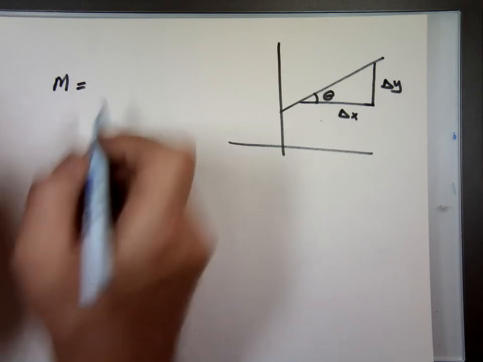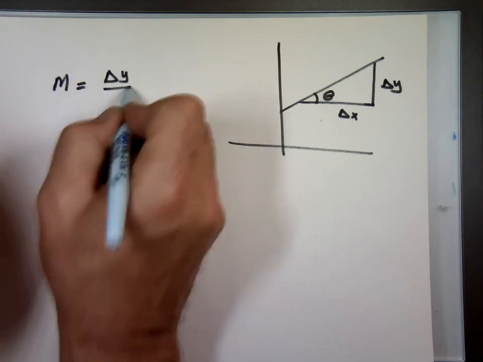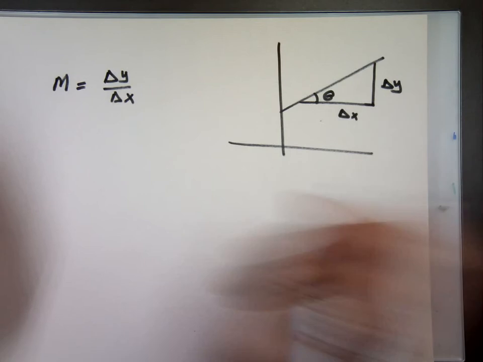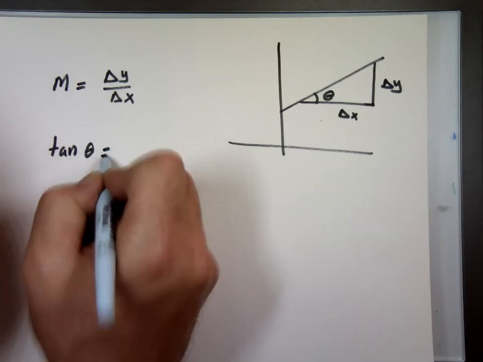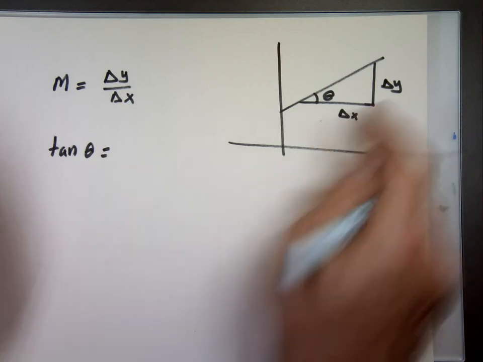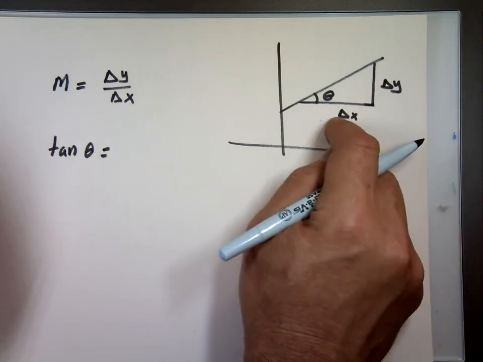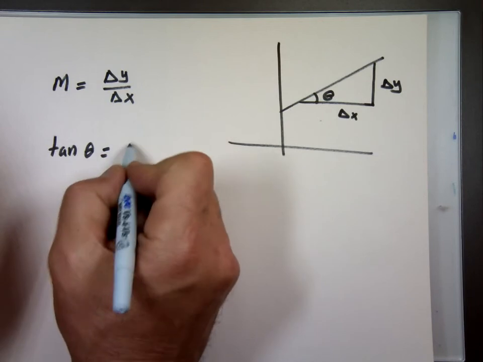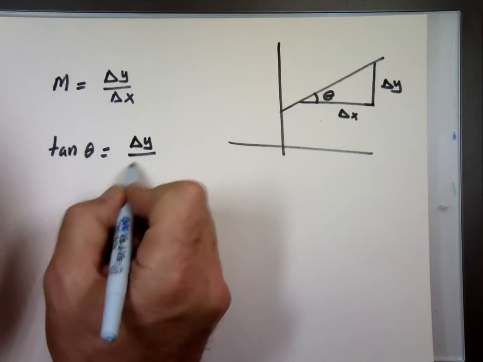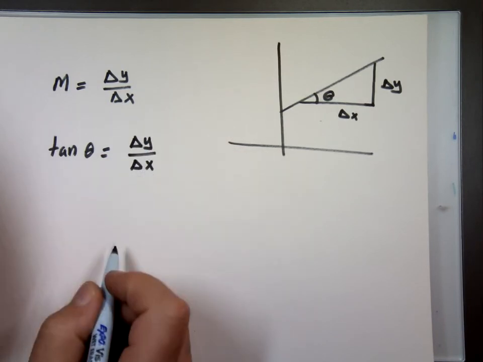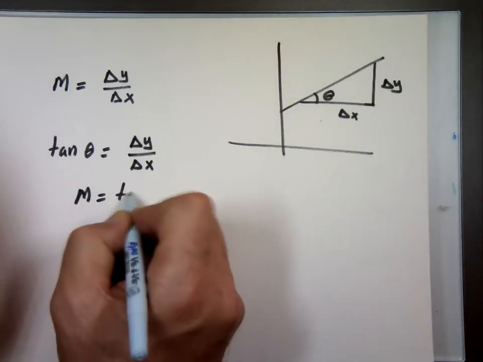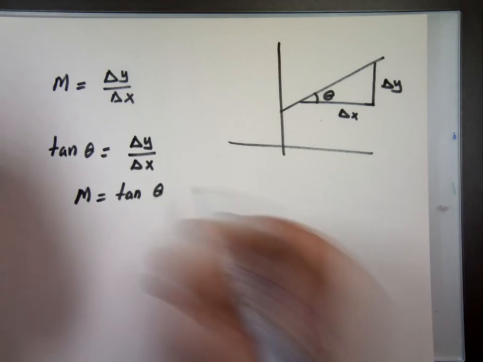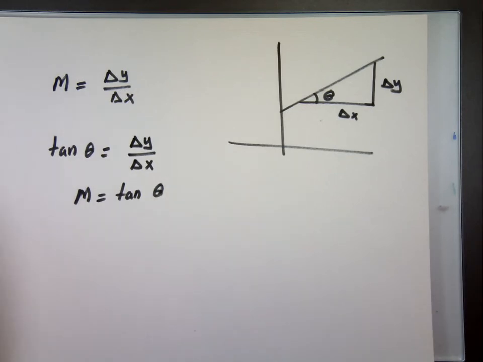Change in y over change in x. Good. Now, what's tangent theta? The opposite over the adjacent, right? The slope is really the tangent of theta. That's just for fun, going back to trig.